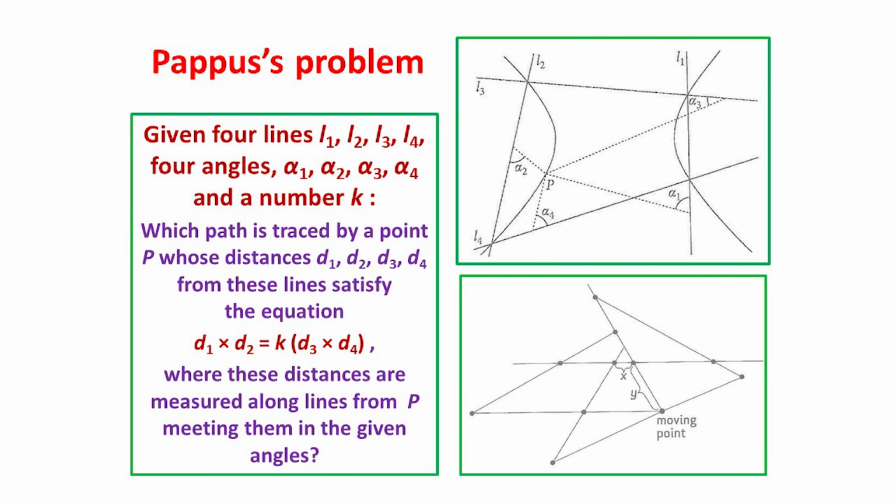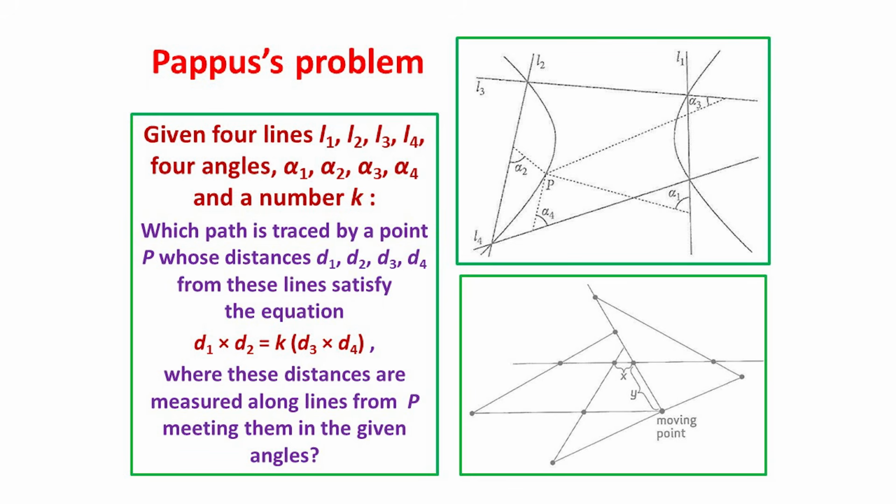Here we're given 4 fixed lines, 4 angles, and a number k, and we seek the path traced by a point P that moves in such a way that its distances d1, d2, d3 and d4 from the 4 lines satisfy the equation d1 times d2 equals k times d3 times d4, where these distances are measured along lines from P that meet the 4 lines in the given angles. The relevant picture is shown above on the right, but don't worry about the details.